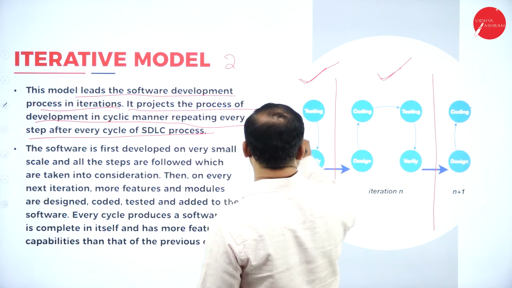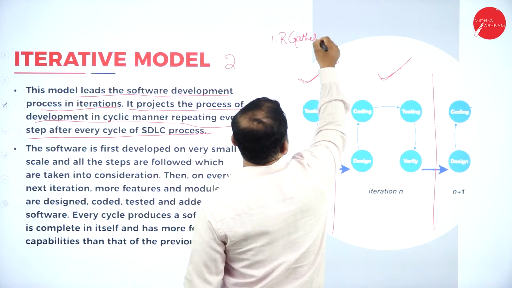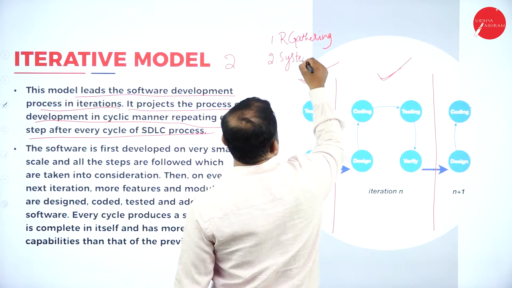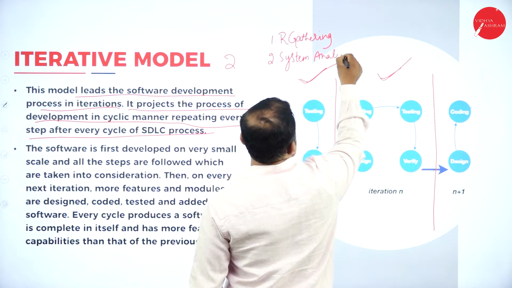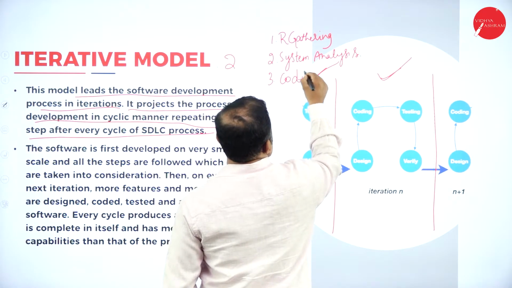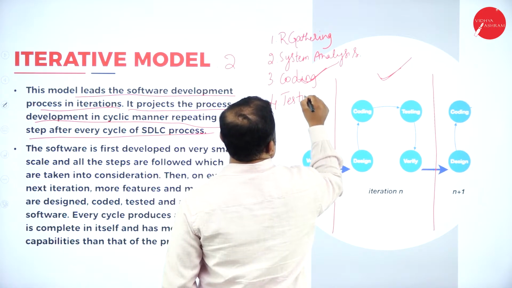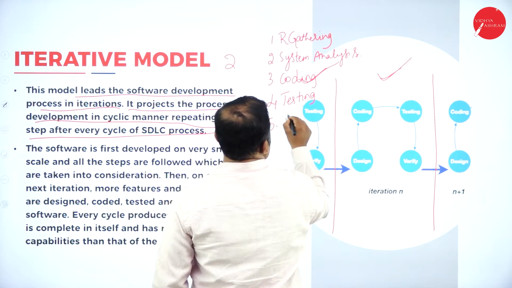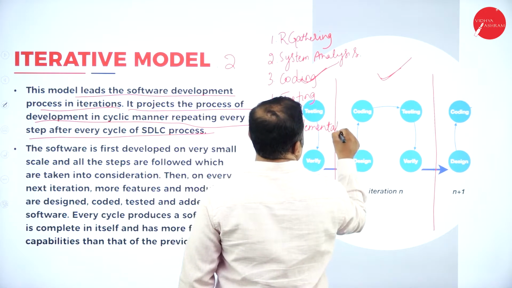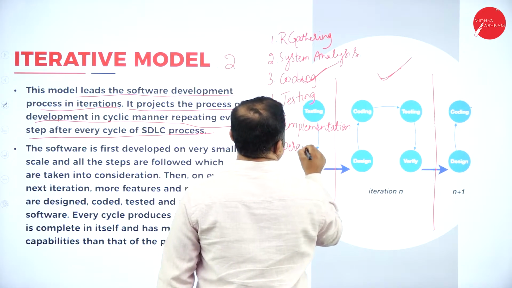That is, whether it is requirements gathering, second, system analysis and design, third one, coding, fourth one, testing, fifth one, implementation, sixth one, operation and maintenance.